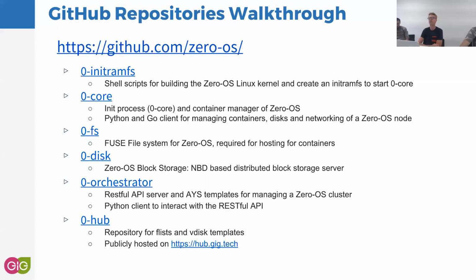Now, actual deployment of a virtual machine is done typically through the orchestrator, through the RESTful APIs and the Python client, or other clients we will support, like the Go client we already have, to deploy a virtual machine on top of a cluster.